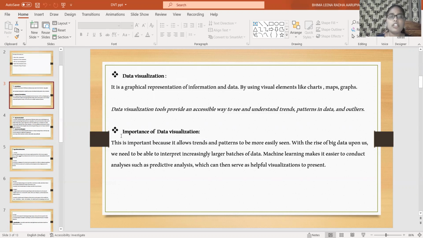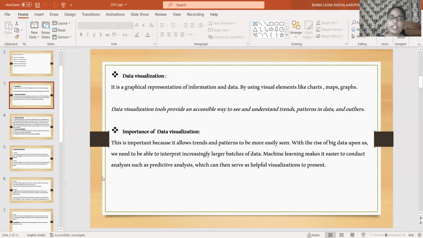And we'll look at what is the importance of data visualization. This is important because it allows trends and patterns to be more easily seen. With the rise of big data, we need to be able to interpret increasingly larger batches of data. Machine learning makes it easier to conduct analysis such as predictive analysis, which can serve as helpful visualization to present.